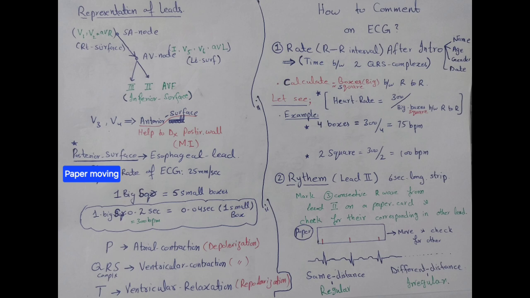Now how many will there be in 1 minute? 60 divided by 0.2 will be equal to 300. So that is where the 300 is coming from. It is not a concern, just remember the heart rate. How will you calculate it? Heart rate is equal to 300 divided by how many big squares came between two peaked R waves.